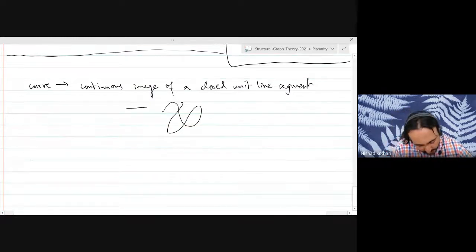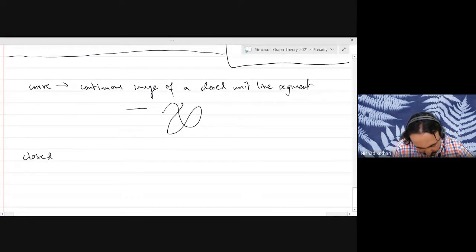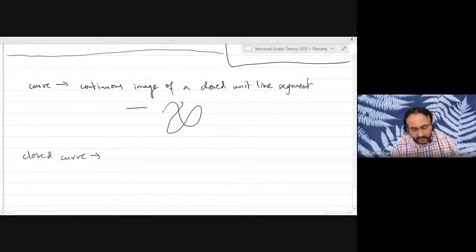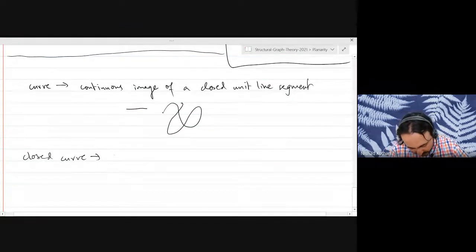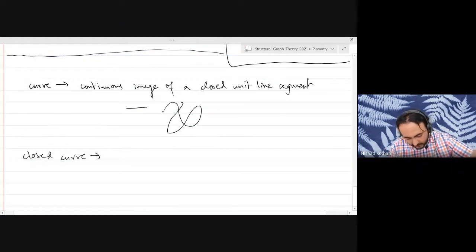And what is a closed curve? Well, think of it like path versus cycle. We want to now end at the same point where we started. And so in that sense, it's the continuous image of a circle.